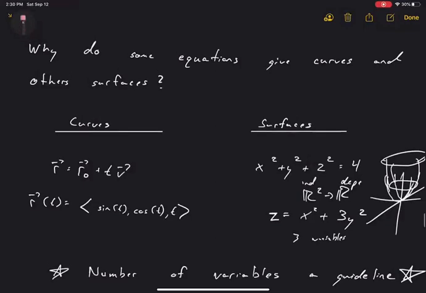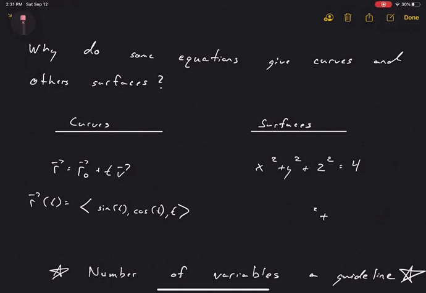And then this isn't even a function, right? It's an equation for sure. It's not a function because that sphere wouldn't pass any kind of vertical line test. But again, we have 3 variables: x, y, and z.